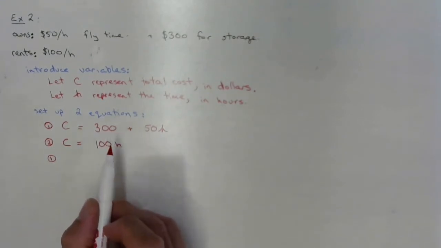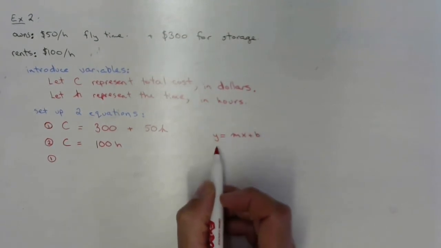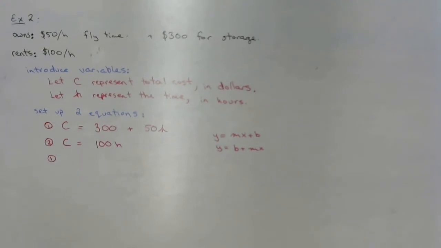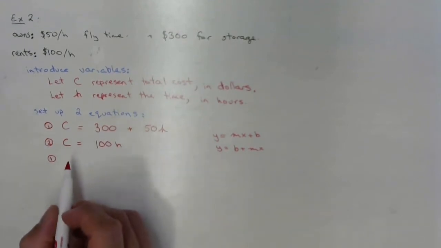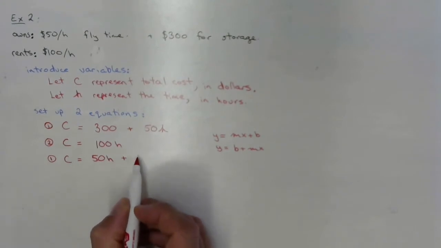But right now, it's not in y equals mx plus b, it's in y equals b plus mx. How can I change it? I just got to swap those, right? Addition is commutative, so I can simply rewrite equation 1 as 50h plus 300.